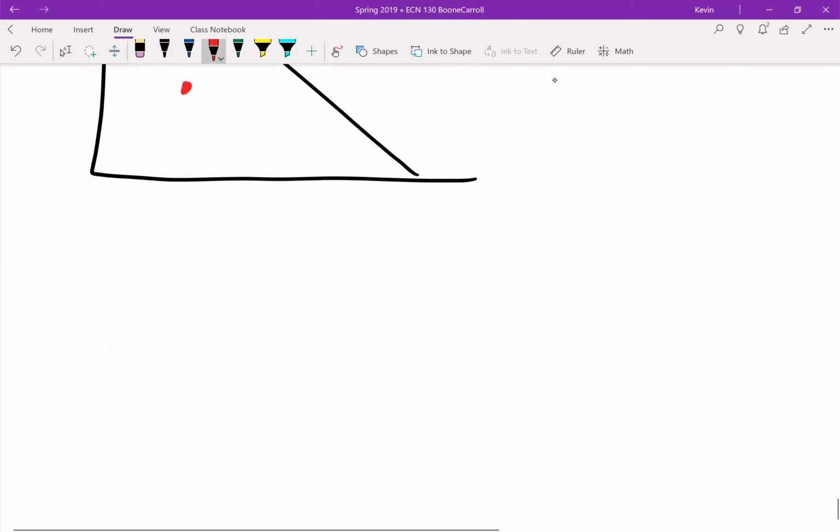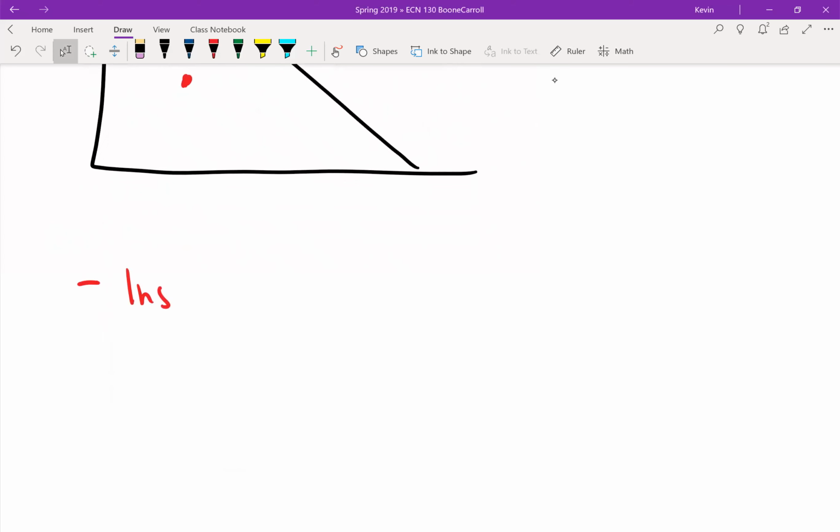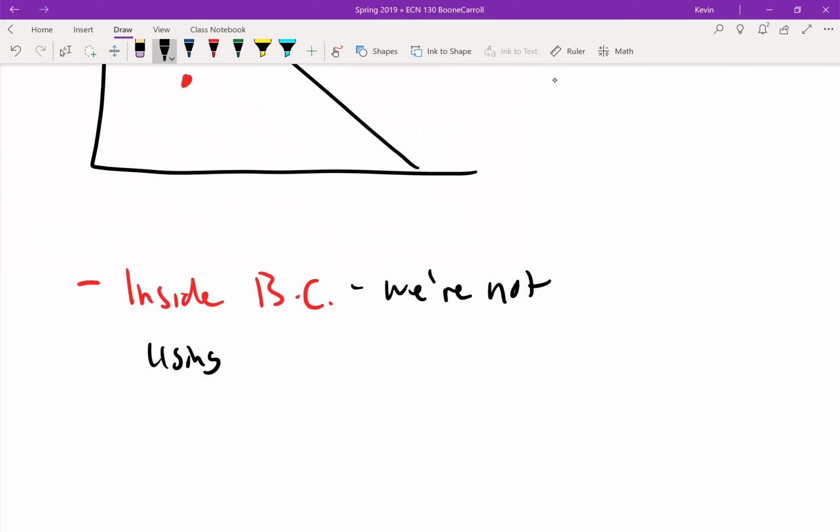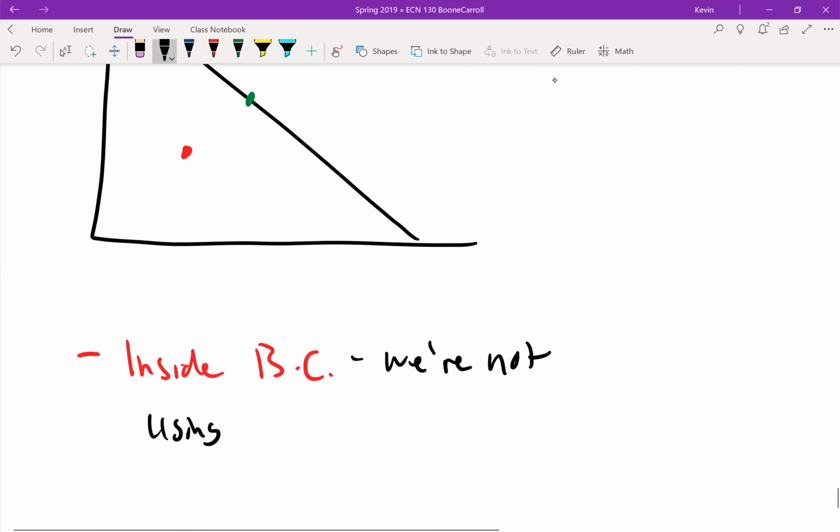Our red point is inside the budget constraint. If we have a point here, we're not using all of our income. So I make $1,000. If I'm at this red point, which is inside the budget constraint, I might be leaving like 200 or 400 not spent.